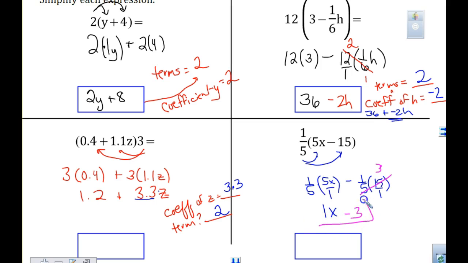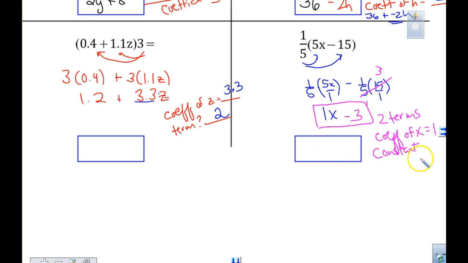So again, in this answer, we have 2 terms. My coefficient of x is equal to 1, and I have a constant. My constant is the number that is all by itself. The number that is by itself in this case would actually be -3.